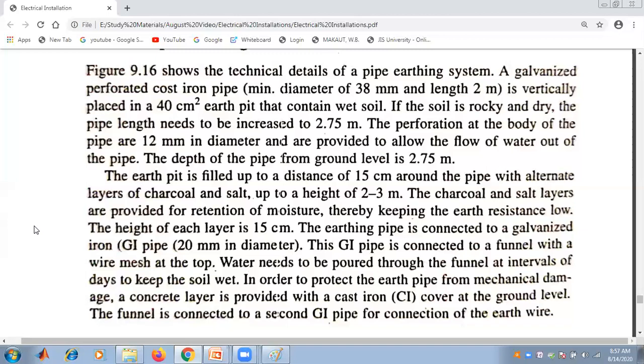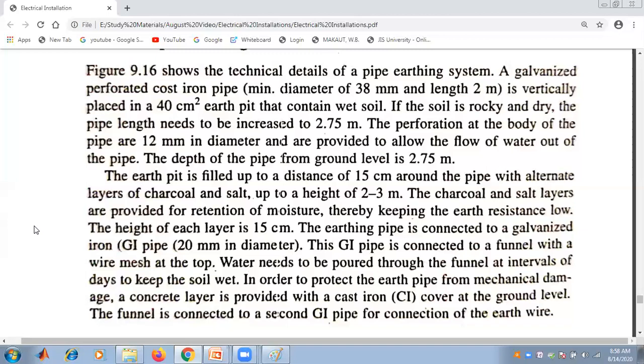The layers of charcoal and salt are in alternating manner. The charcoal and salt layers are provided for retention of moisture, thereby keeping the earth resistance to a low value. The height of each layer is 15 centimeter.